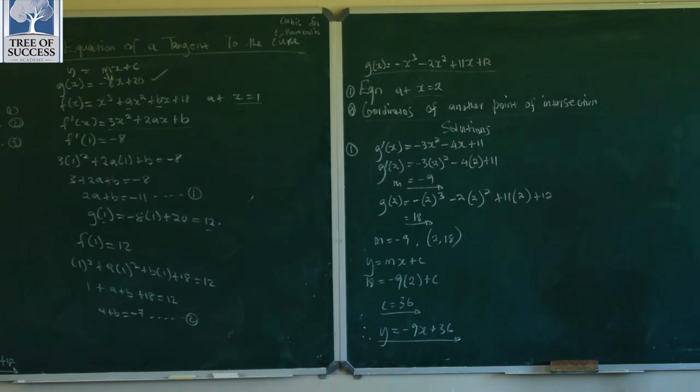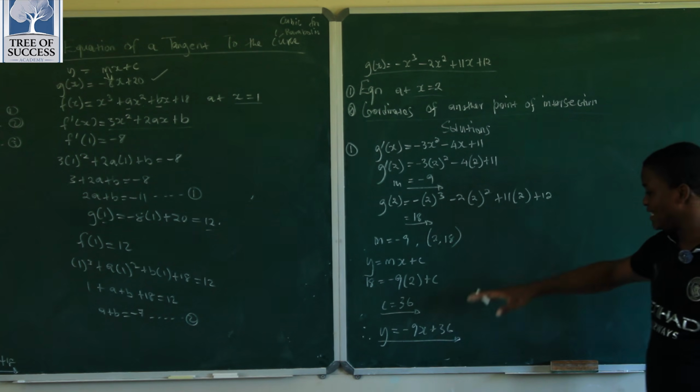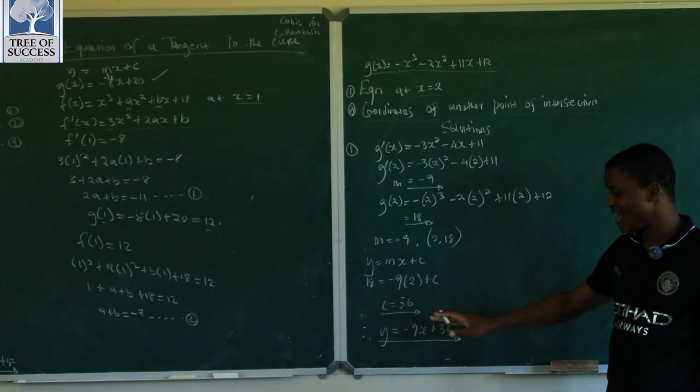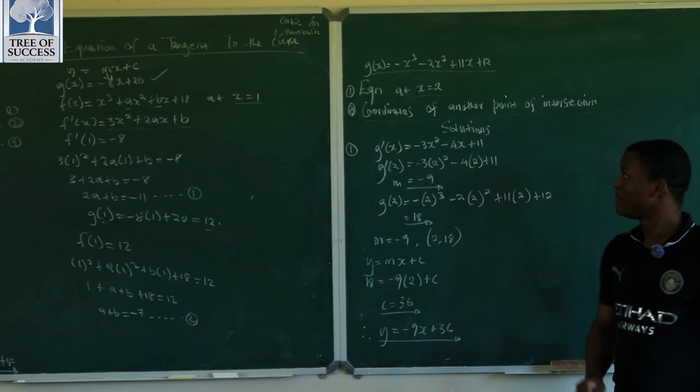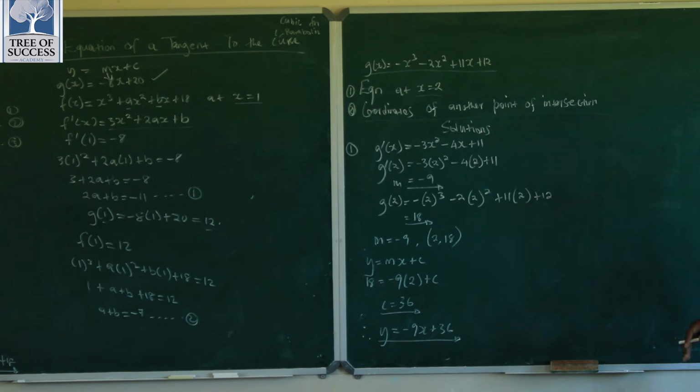So the equation of that tangent at x equals to 2 is given by negative 9x plus 36, right? Now the next question is to determine the coordinates of another point of intersection between the curve and the tangent, right? So point of intersection, when the two functions are equal or the two graphs are equal.